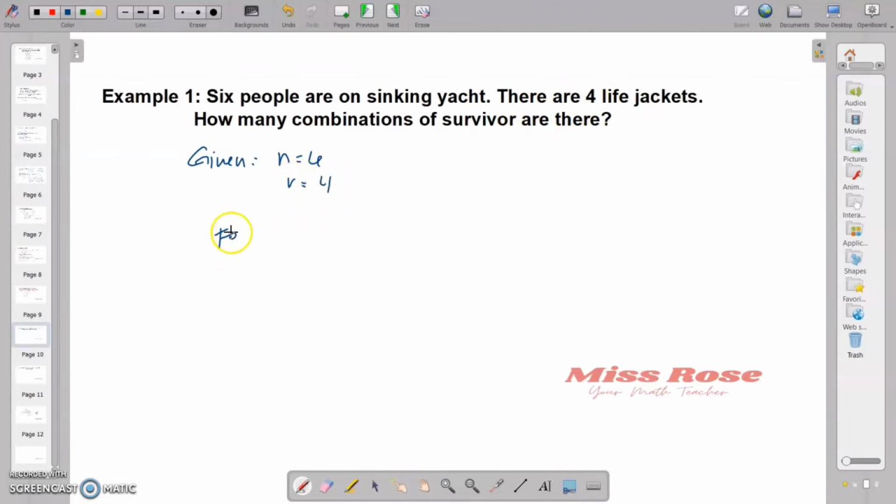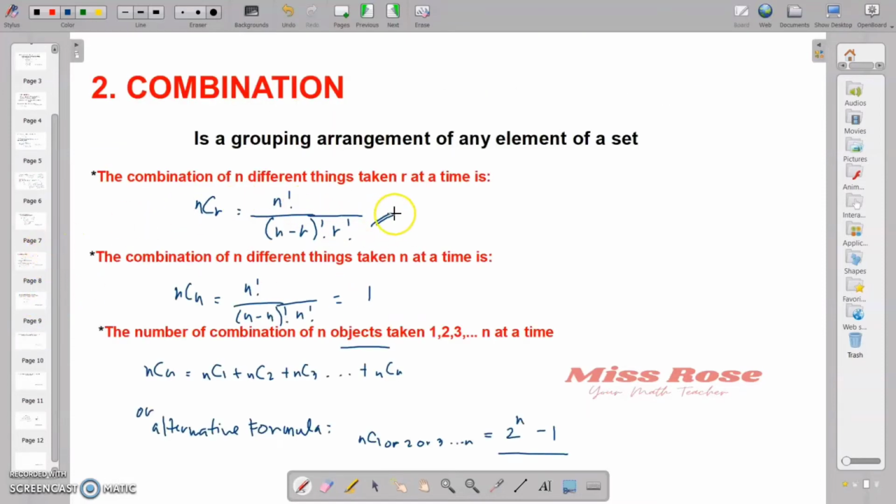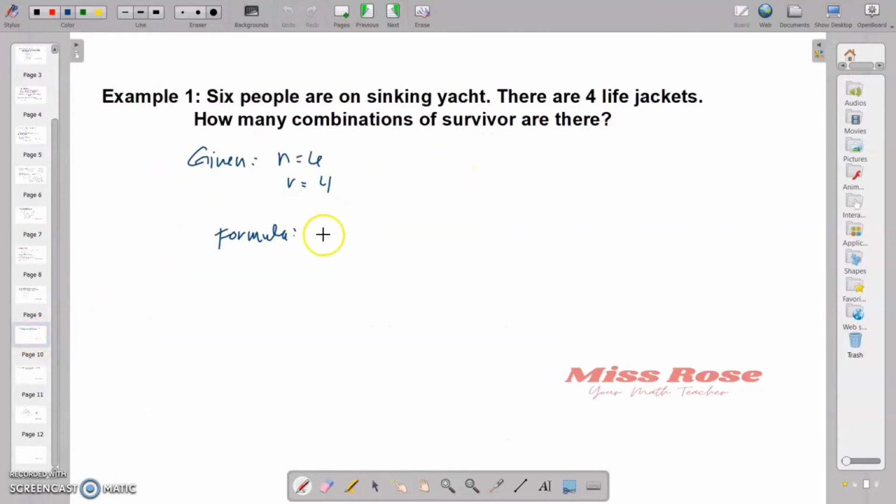So the formula is the combination of n different things taking r at a time. nCr equals n factorial over n minus r factorial times r factorial.